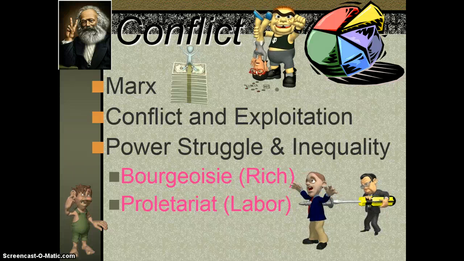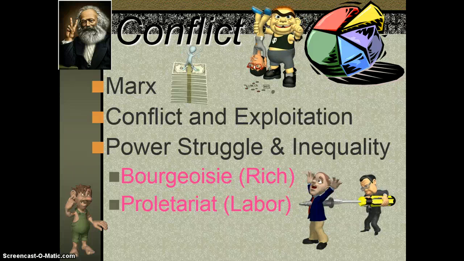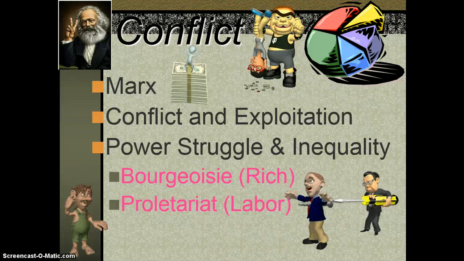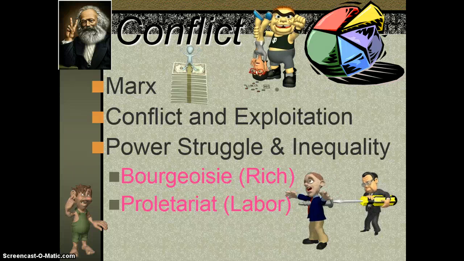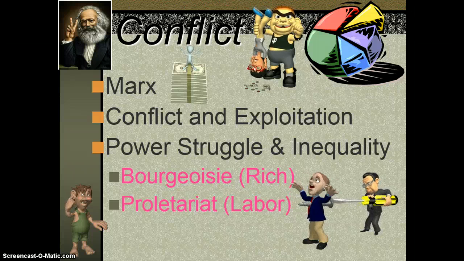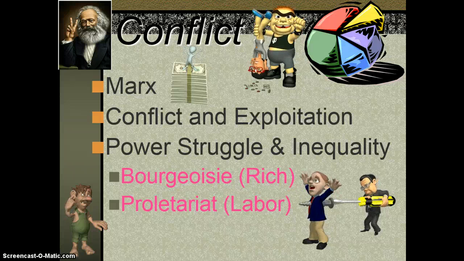And he believed there were two major groups within society. He referred to the bourgeoisie, or the rich, and the proletariat, the labor force. So it was constantly a struggle between those two groups. Now, Karl Marx lived throughout the Industrial Revolution age of the 1800s.